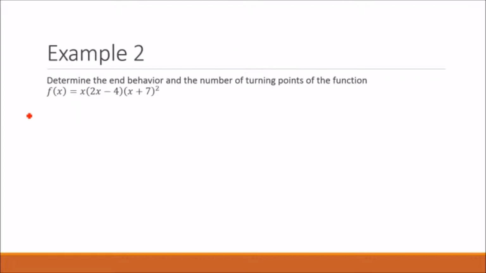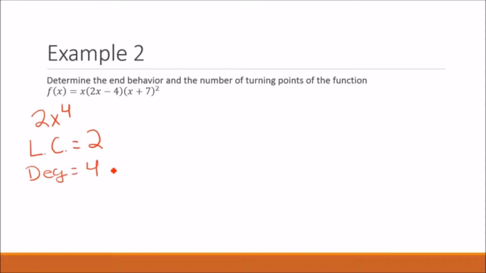Example 2 asks us to determine the end behavior and the number of turning points of the function f of x equals x times 2x minus 4 times x plus 7 squared. Well, if we multiply this out, we would find that the leading term is 2x to the fourth, which means that our leading coefficient was equal to 2, and the degree was equal to 4.